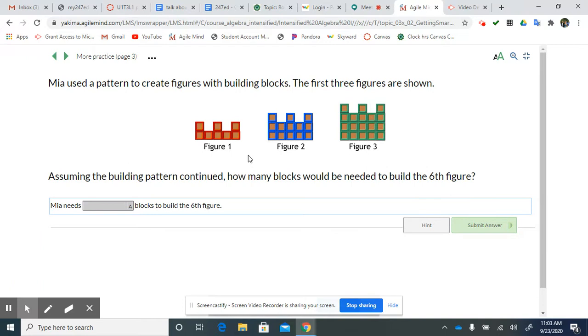Figure 1, 2, 3. All right, how many blocks is that in figure 1? 1, 2, 3, 4, 5, 6, 7, 8. Figure 2, 1, 2, 3, 4, 5, 6, 7, 8, 9, 10, 11, 12, 13. Figure 3, 1 through 18.